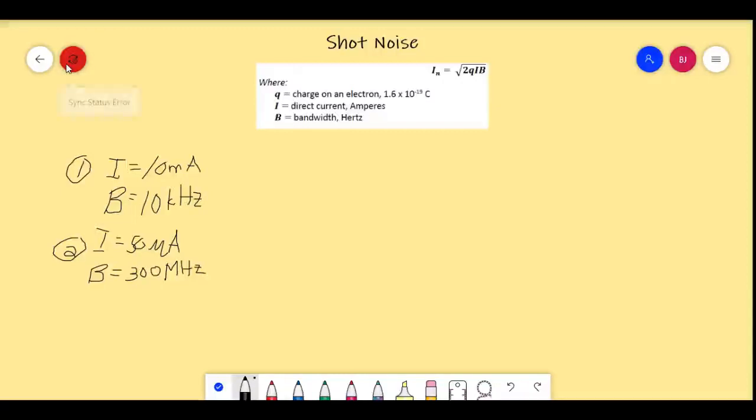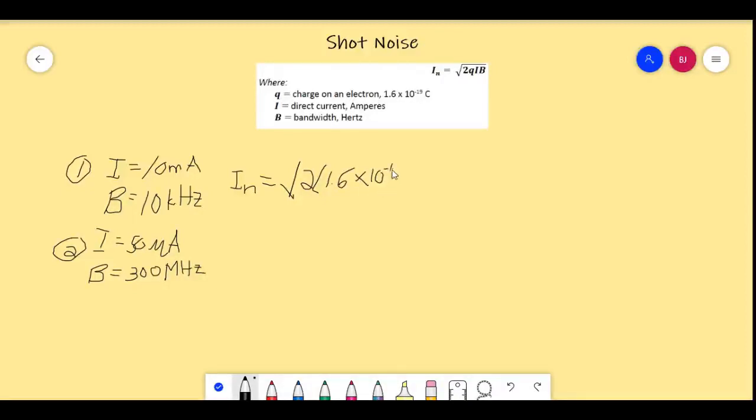So let's take a look at how we will be able to compute for the shot noise current. For the first one, again, the noise current is equal to the square root of 2 multiplied by the charge of an electron, which is 1.6 times 10 to the negative 19.